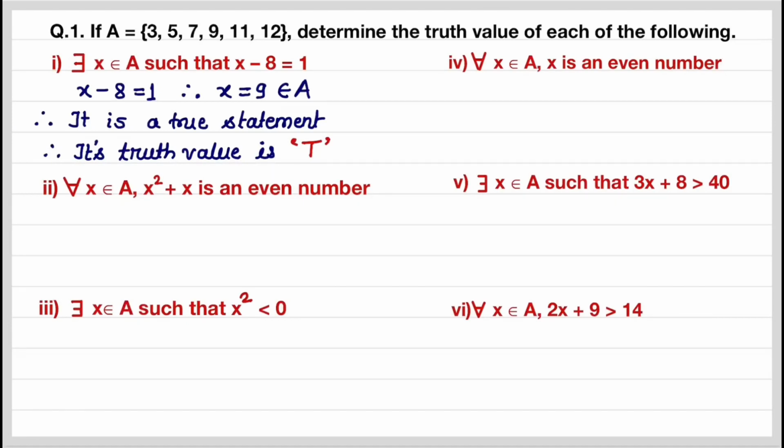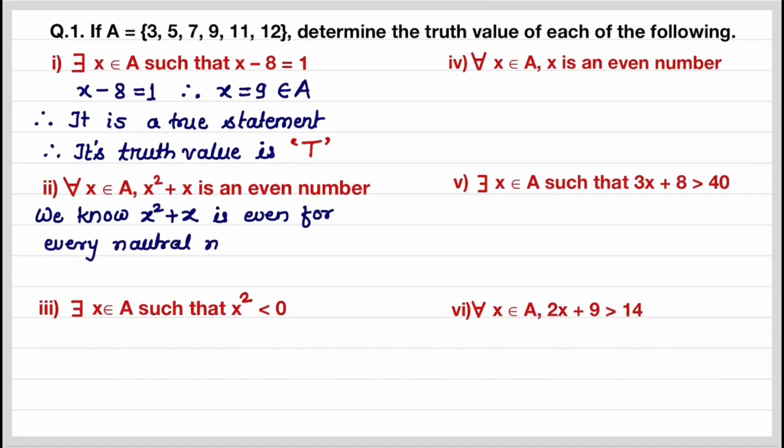If x is an even number, then its square is also even and hence the sum of two even numbers is also even. But if it is an odd number, then its square is also odd, but the sum of two odd numbers is again even. Therefore, it is true for every natural number.